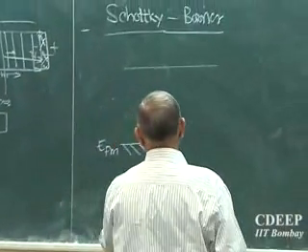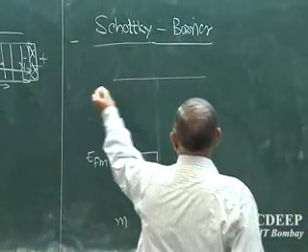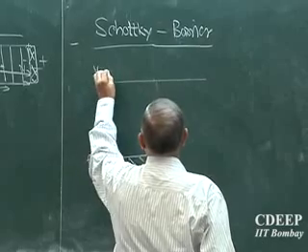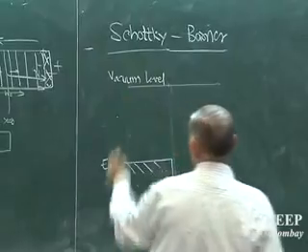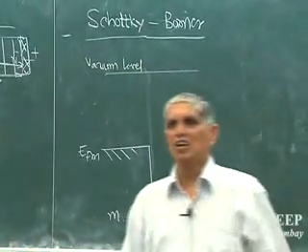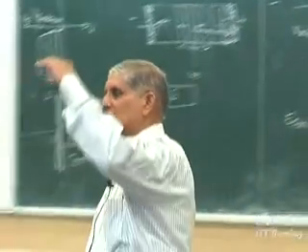So this is my metal. There is a fictitious level which is called vacuum level. Now this is not really fictitious, but in a way there is a fictitiousness there. Why we want to use this word vacuum?